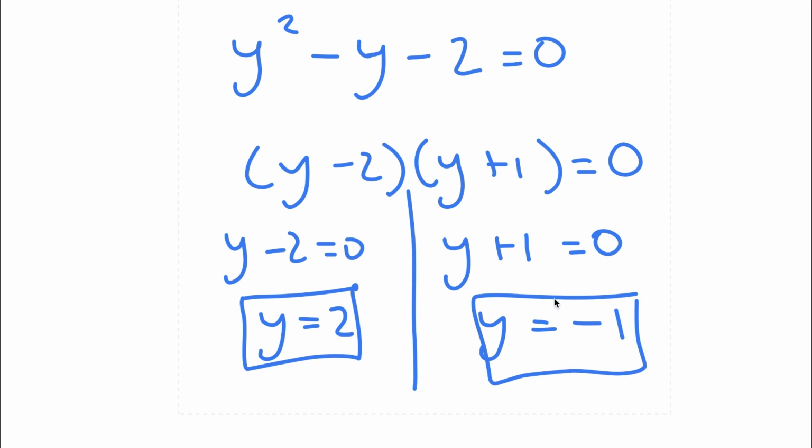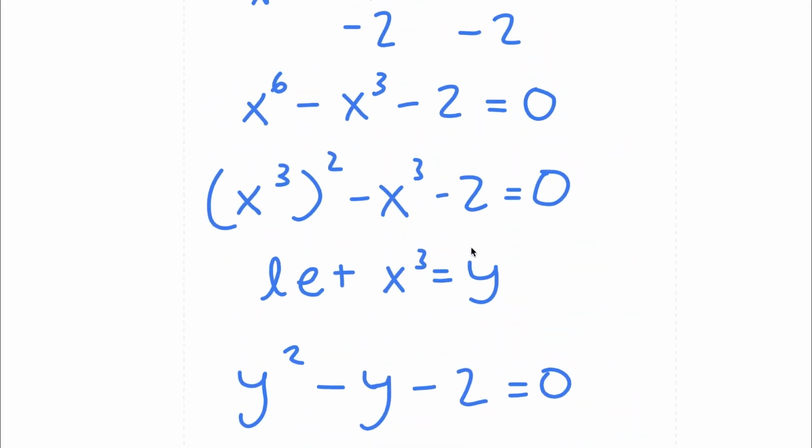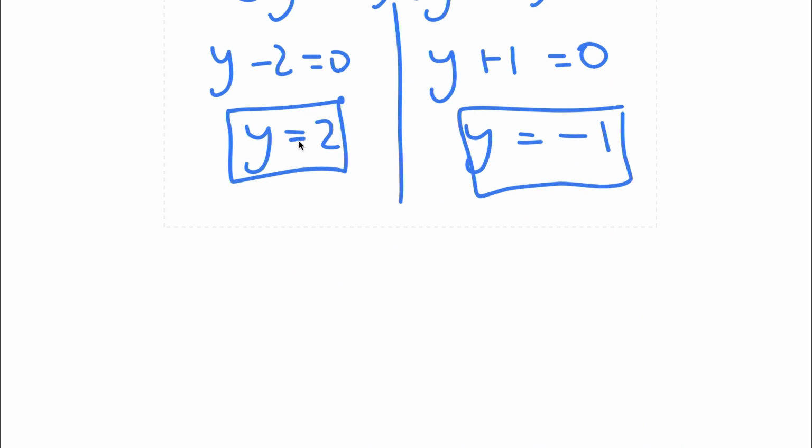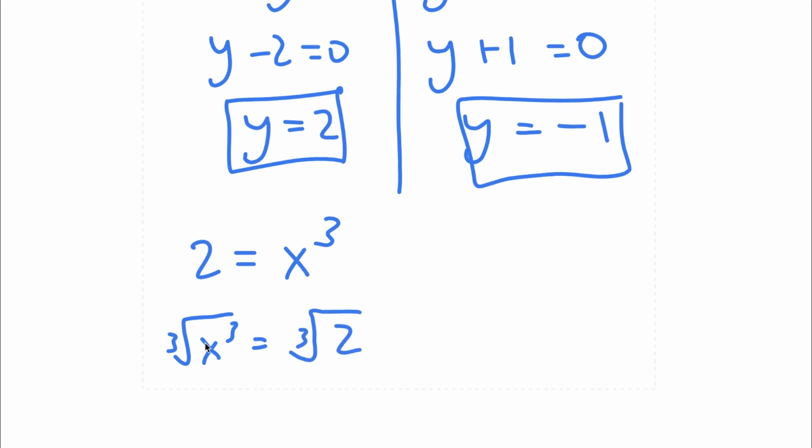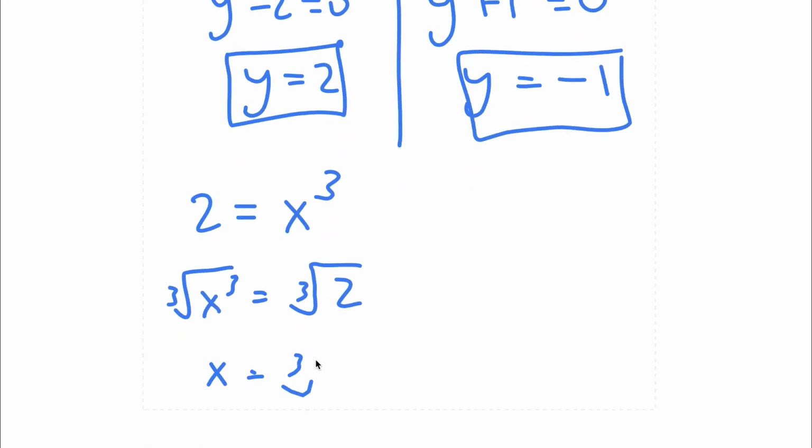So now remember how we set y equal to x to the power of 3. So if y equals 2, then we have 2 is equal to x to the power of 3. Meaning x is simply equal to, I'm going to take the cube root on both sides. x is equal to the cube root of 2.